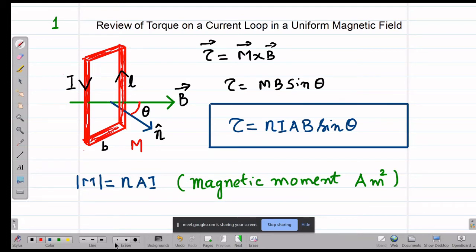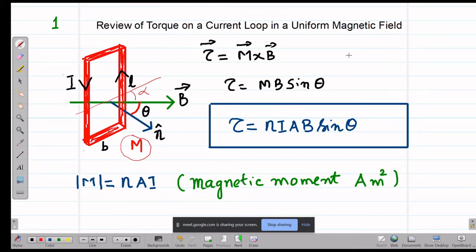Like I mentioned in the previous class, in some problems, you will be given the angle made by the magnetic field with the plane of the coil. Now in this formula, theta is the angle made by the magnetic field with the normal to the plane of the coil or with the direction of m. Suppose you are given the angle made by the magnetic field with the plane of the coil, that is this angle, which we can call alpha.